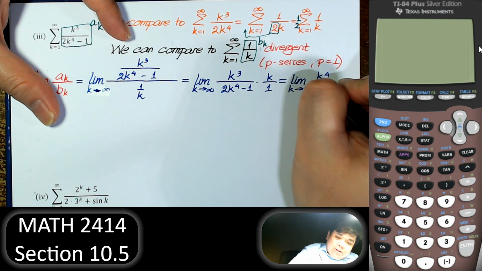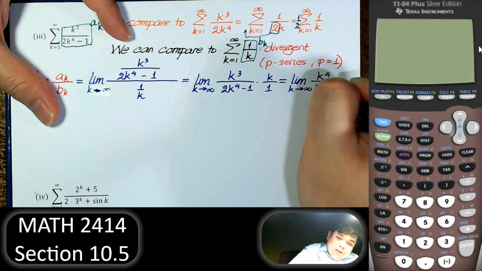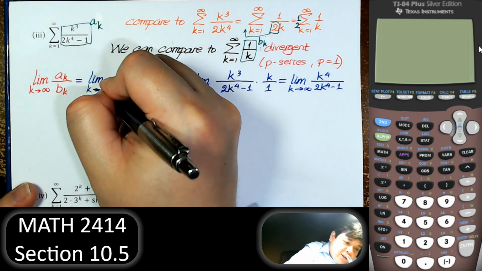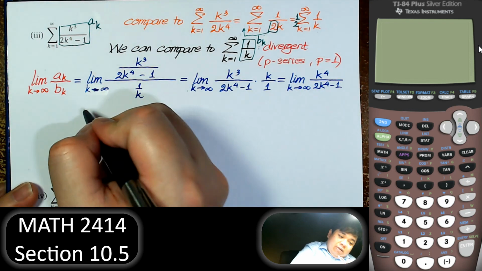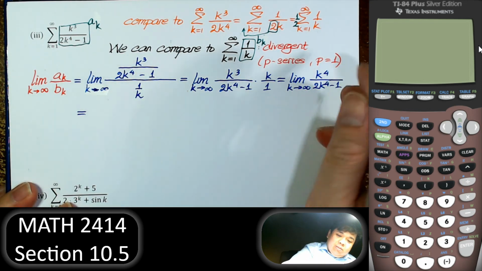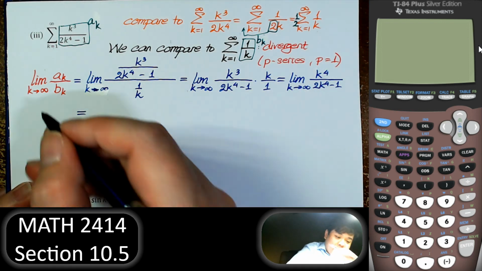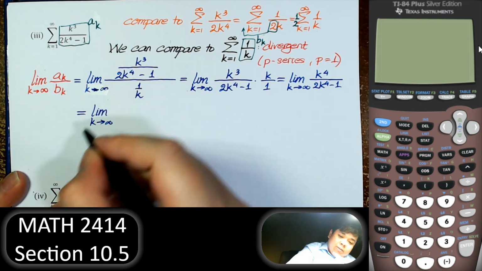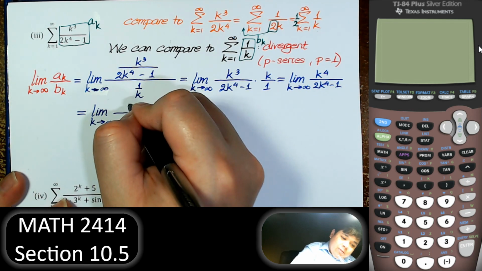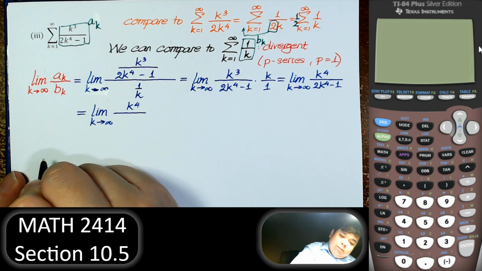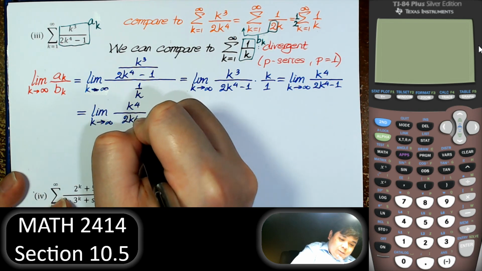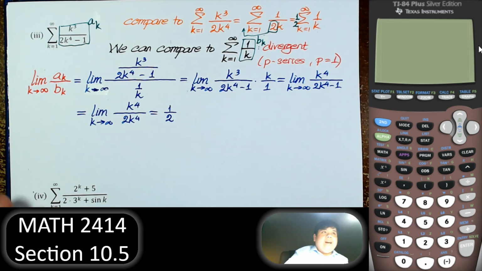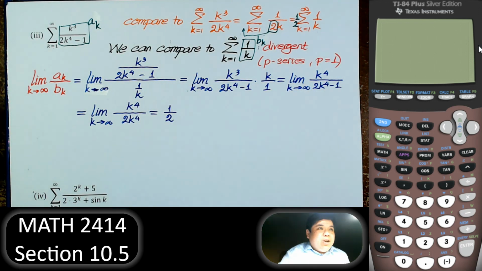Multiply to the top. Now, the limit of that is equal to highest power on the top over highest power on the bottom. So this is equal to 1/2.